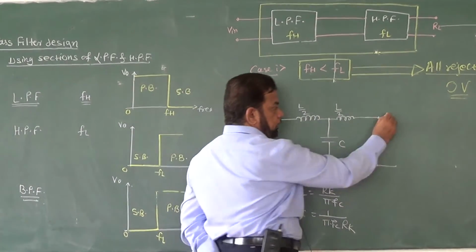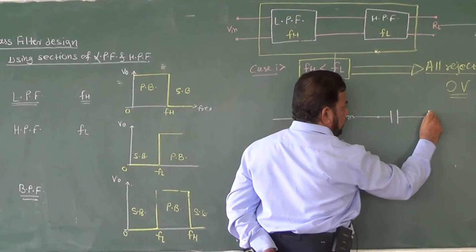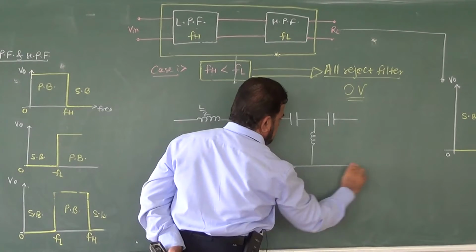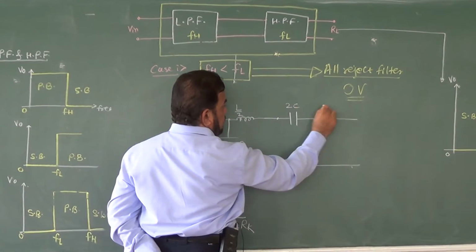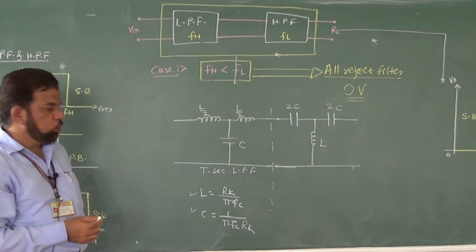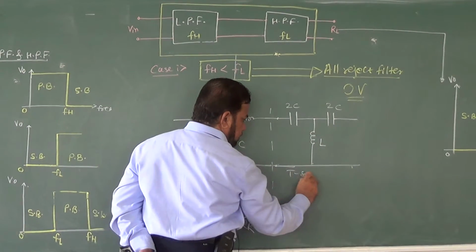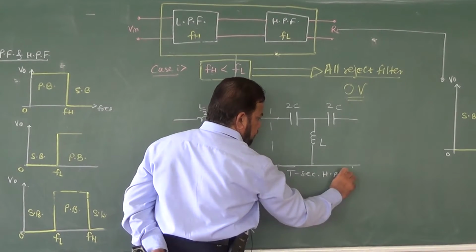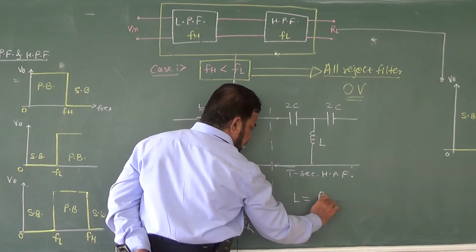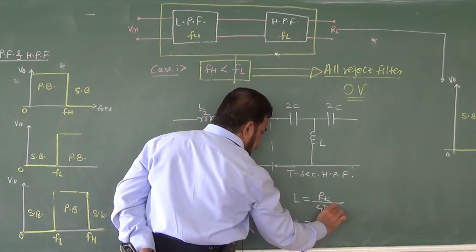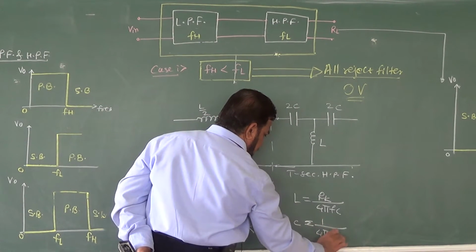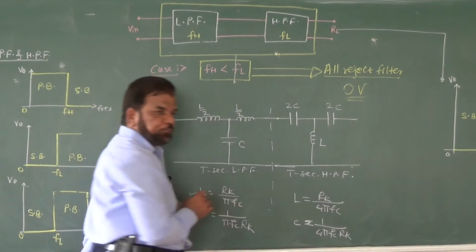Okay, so high pass filter consists of capacitor as the series arm and inductor as the shunt arm. So this value is now 2C and L. So this is your T section high pass filter with a value of L and C given by Rk by 4 pi Fc, whereas here it is equal to 1 by 4 pi Fc Rk.